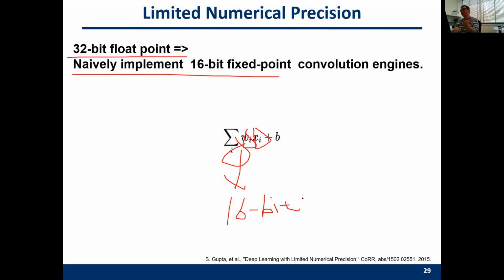Compared to the 32-bit floating point adder, a 16-bit fixed point adder at least halves the adder overhead. This is only the overhead of the adder. With a smaller bit width for the multiplier, you can also significantly reduce the overhead of the multiplier.